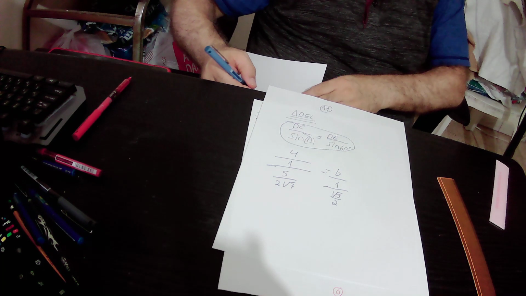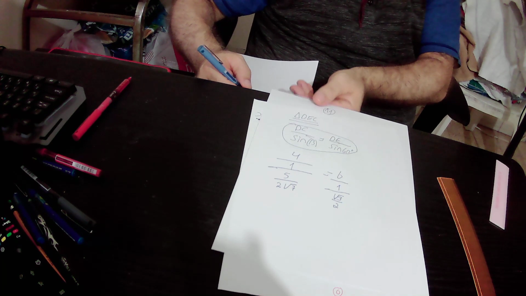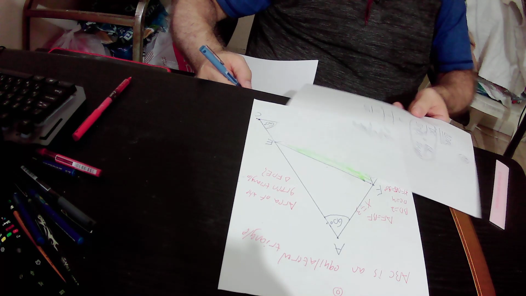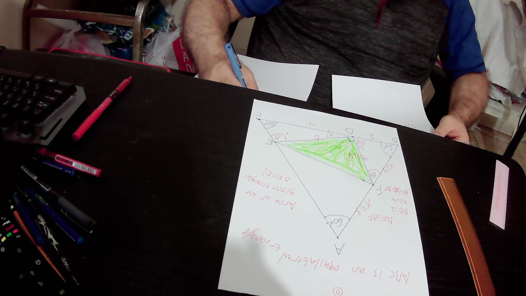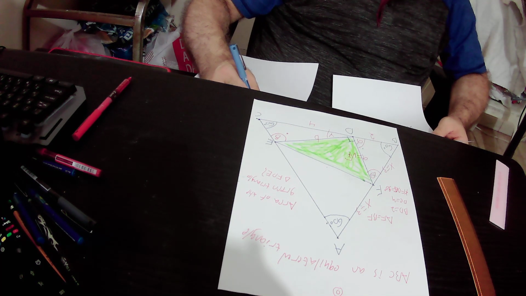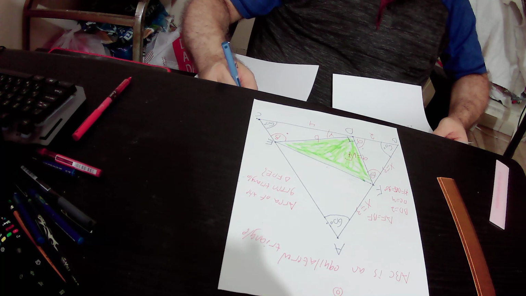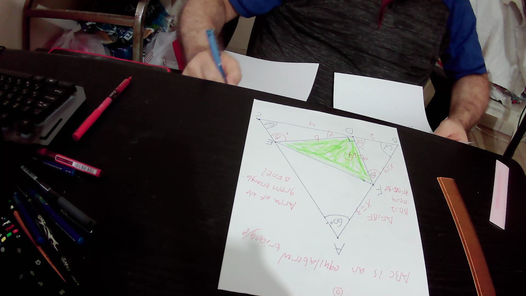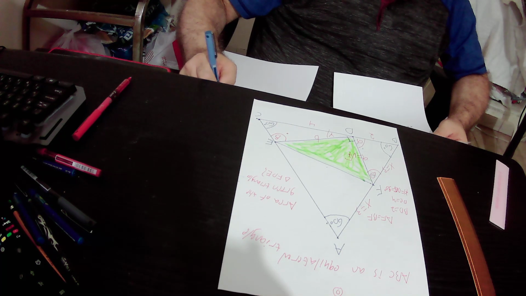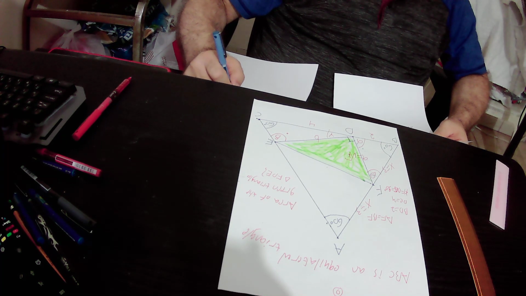It is very simple arithmetic, and we will get that 2 times root 7 times 4 over 5 equals 2B over root 3.